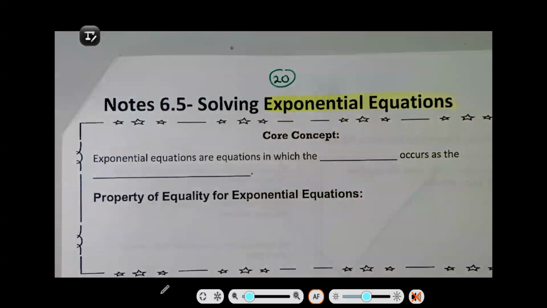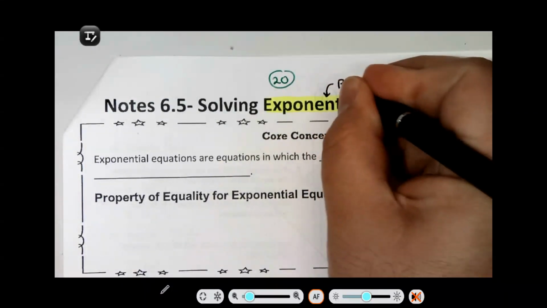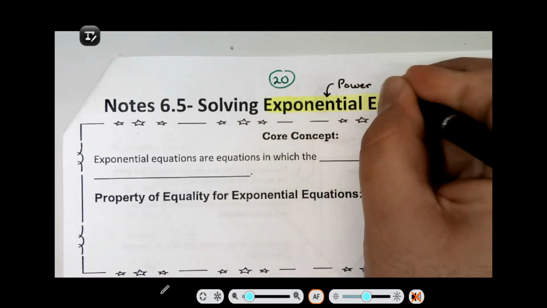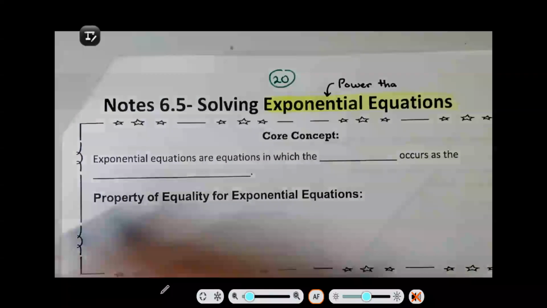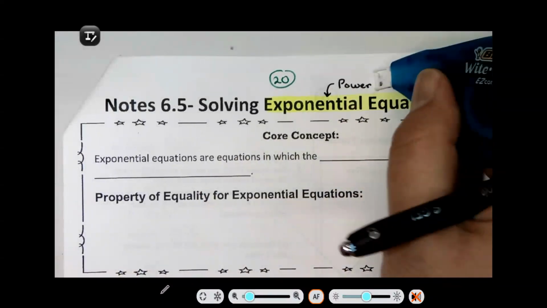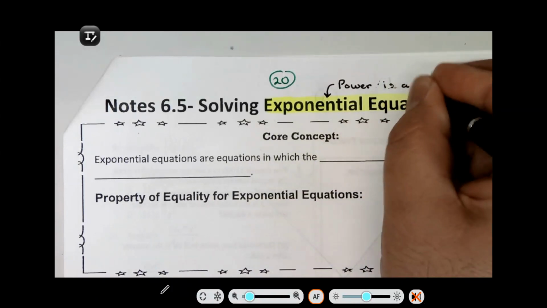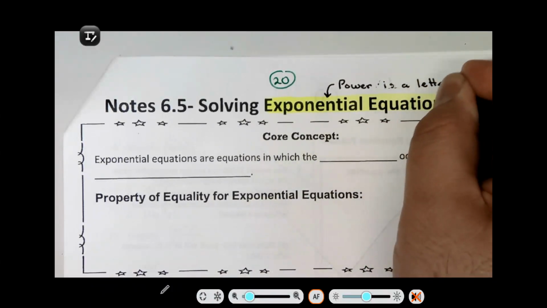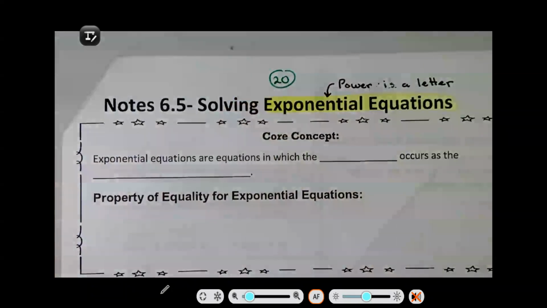Well, just remember, if something is an exponential equation, it means the power is a letter, a variable, right? When your power is a letter, that's how we know something is exponential.